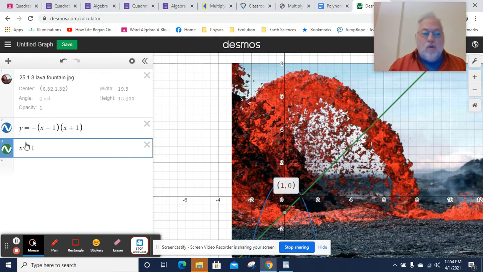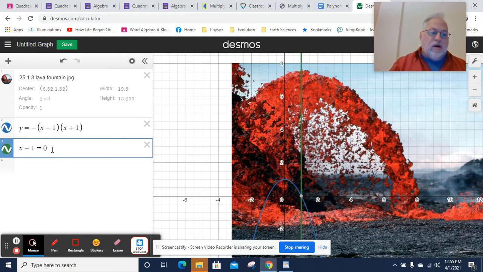If I had 3 or 4 of these being multiplied, every x-intercept of the polynomial squiggly wiggly that you end up graphing is going to match an x-intercept of a factor. The x-intercept is what x is when y is 0. So when y is 0, I get x equals 1 because 1 minus 1 would equal 0.